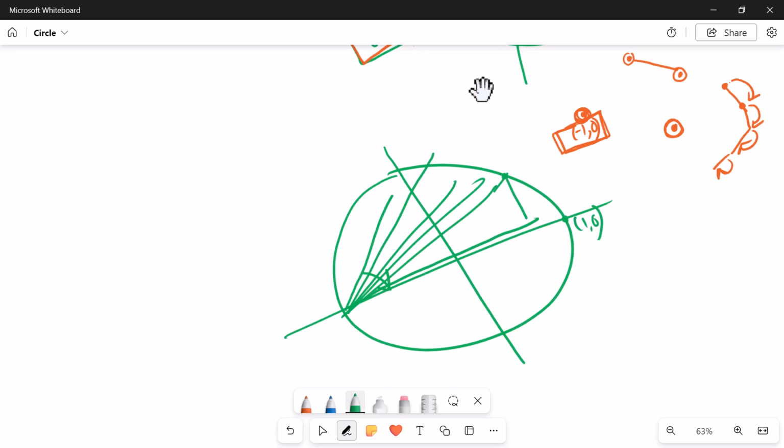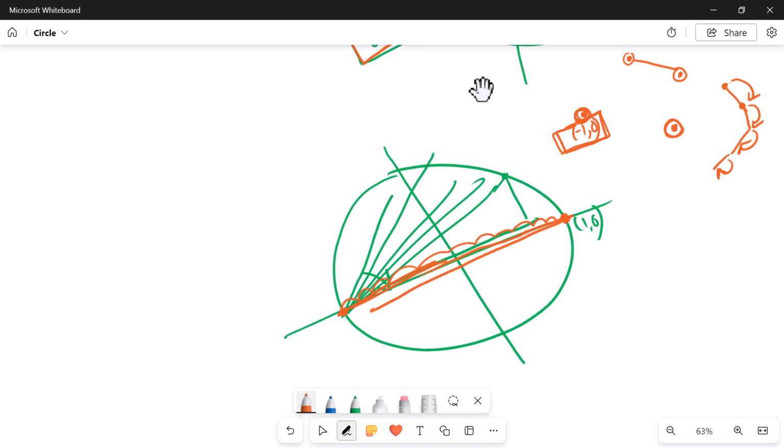Now for this particular line only, which is completely horizontal, lying on the x-axis, you'll have to move from this end of the circle all the way to the last value, that is 1, 0, to calculate the other intersection point.